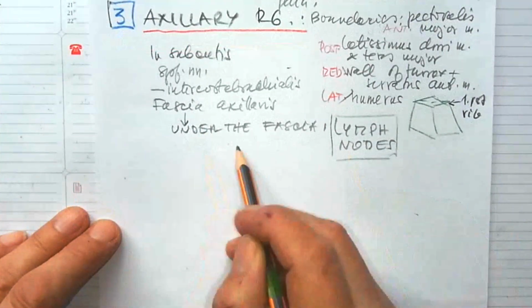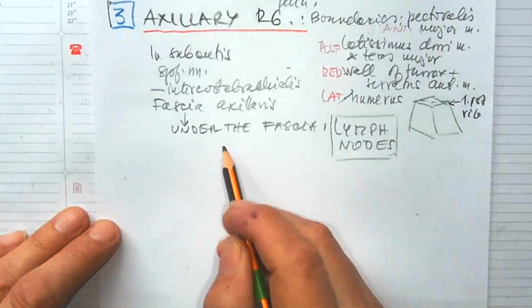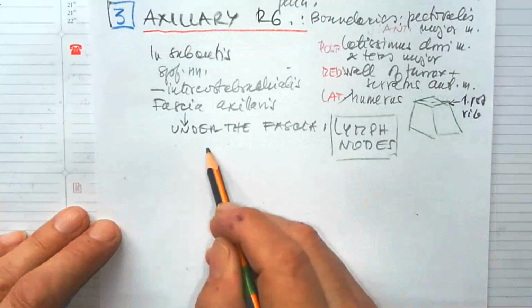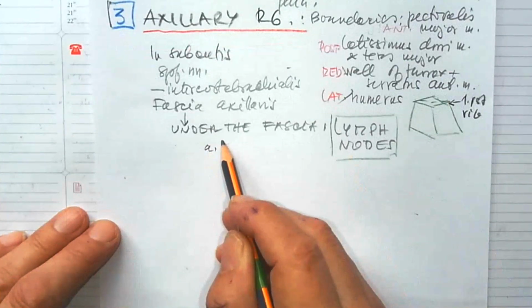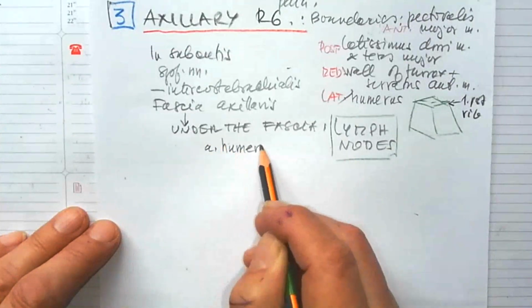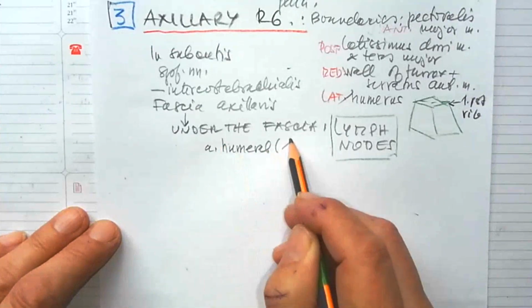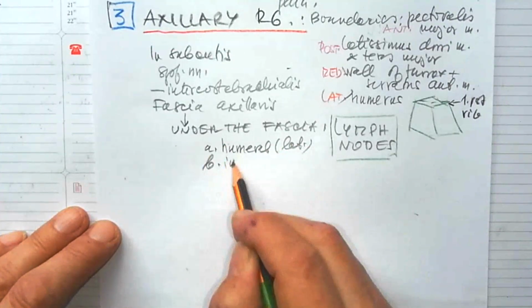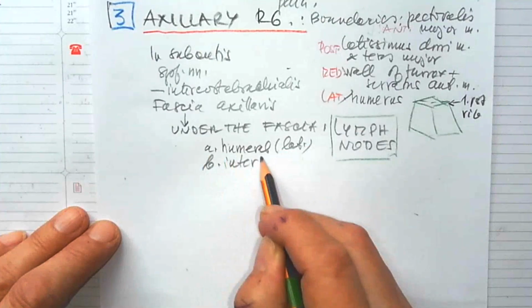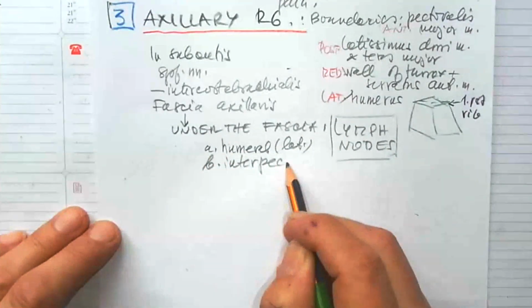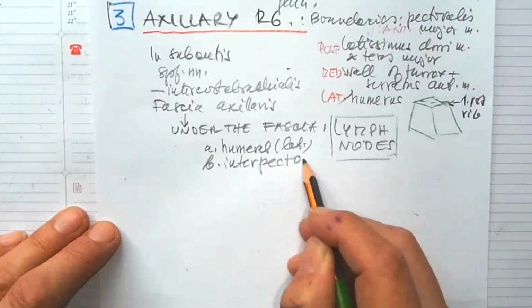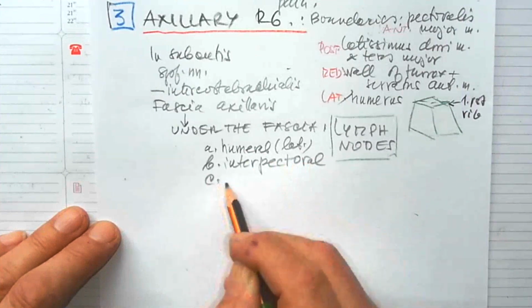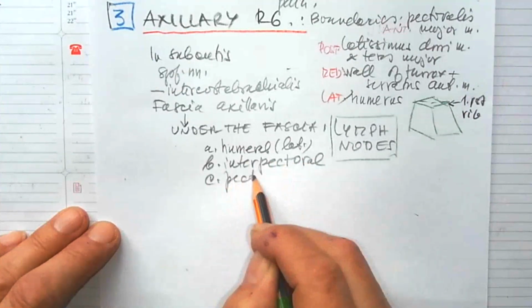The lymph nodes form groups. When we have A, for instance, we start with the humeral group. Humeral is in fact the lateral group. Then B is interpectoral. The name says that the lymph nodes are situated between the pectoral muscles, interpectoral. C is the pectoral.